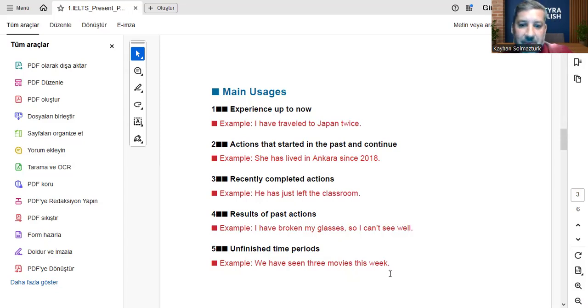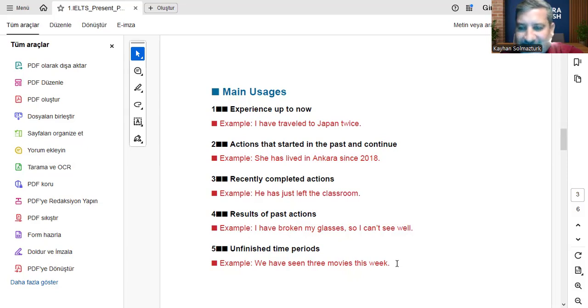We have seen 3 movies this week. Unfinished time periods. What it means is this week, for example, started on Sunday, actually Monday, but the week hasn't finished yet. So you're talking about a week that isn't finished. So there is a chance, a possibility, that we can see more movies this week. We have seen 3 movies this week, and maybe tomorrow, today again, or in the future.